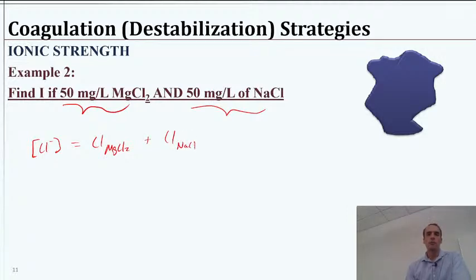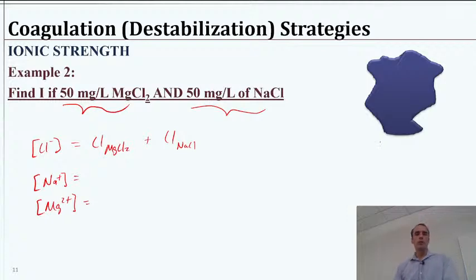I'm just writing it this way as a shorthand to say that's where it's coming from. And then we're also going to have some sodium and some magnesium, so we need to find each one of those. And then, of course, our ionic strength equation would look like this.